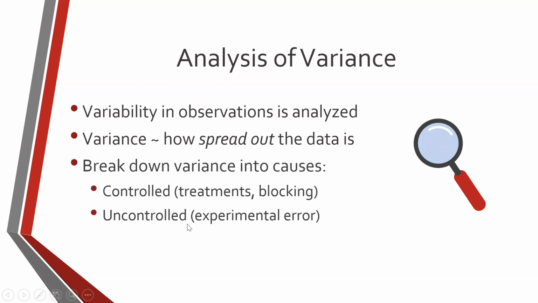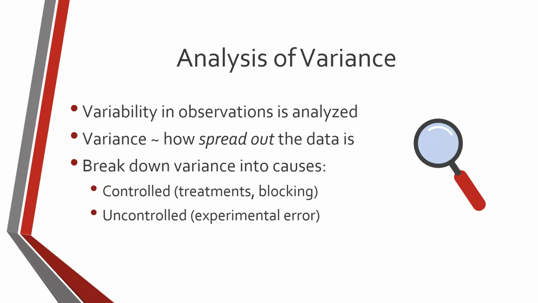So the AOV dissects the variability in the recorded assessments. There is controlled variability, and that comes from our treatments and the blocking structure that the researcher had a hand in, that we decided as part of the trial design.